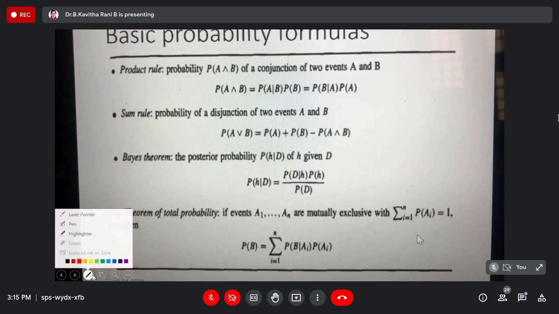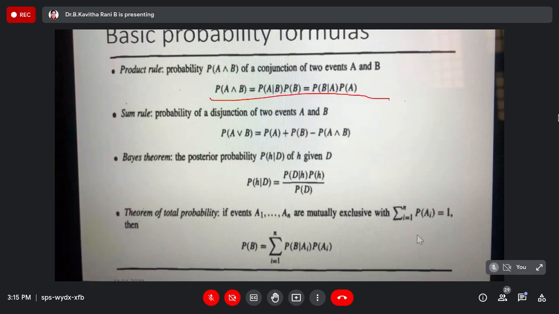So this is the formula. Where we want to get the probability when both the events are occurring, there we will be using product rule. Next is sum rule.